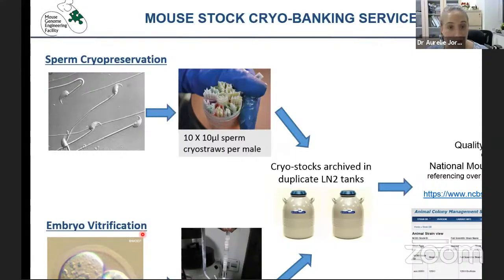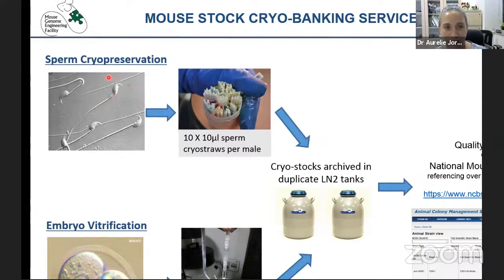As you breed, whether it's an animal, a fly, or a cell, you will have spontaneous natural mutations that occur, and that can, over time, accumulate in your organism and eventually change the status of your model. And so to be able to go back to the original cryopreserved genetic material is very important in these cases. So we cryopreserve sperm, and this is a mouse sperm.